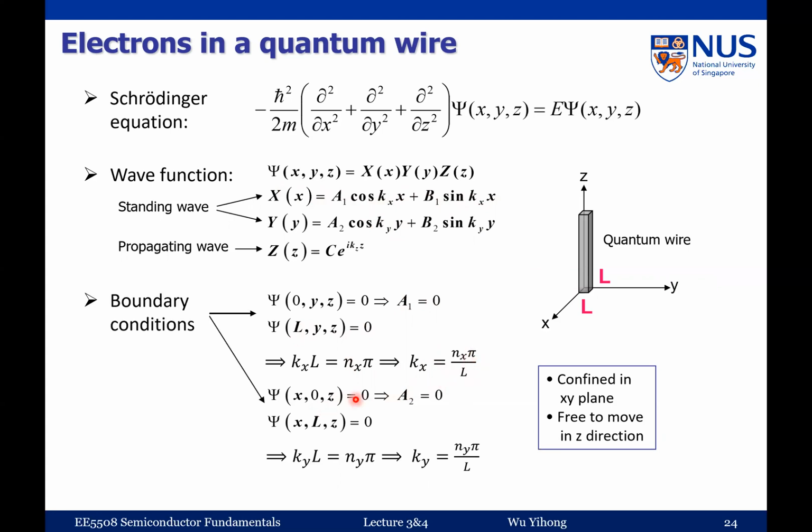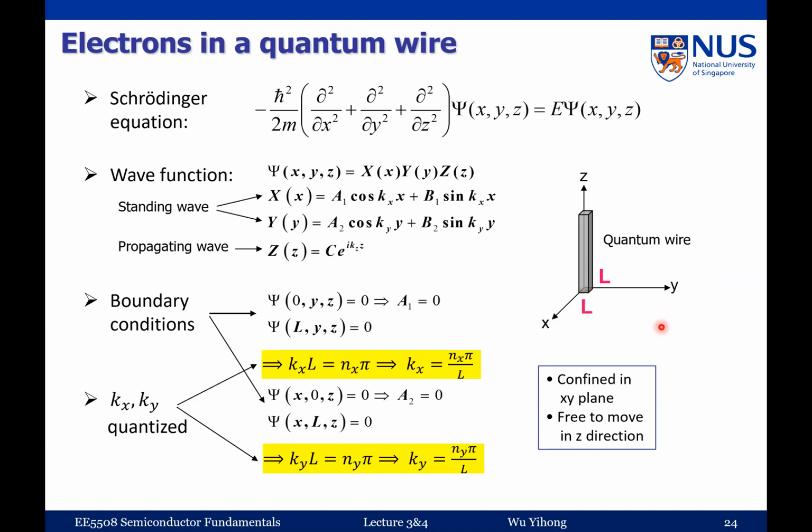Similarly, we have the boundary conditions in the Y direction. When Y is 0 or Y is L, the wave function must be 0. From there you find that ky is also quantized, right? L is the dimension of the wire in both the X direction and the Y direction.